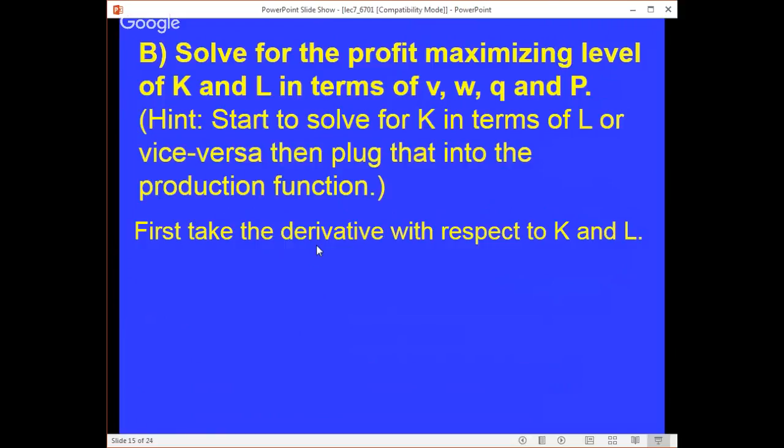I want to maximize this, right? But I have two variables, so that's a problem. So the first thing I want to do is take a partial with respect to one of the variables, K or L, set that equals 0, and then do it for the other variable.